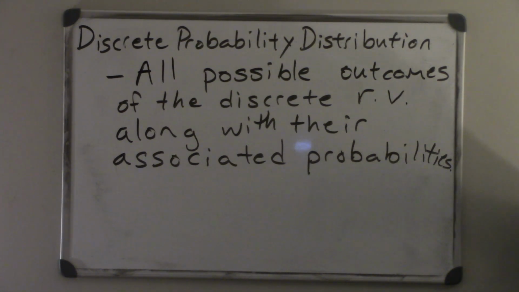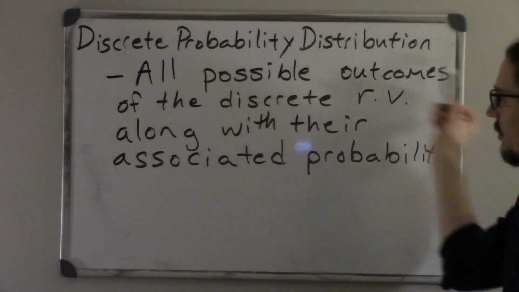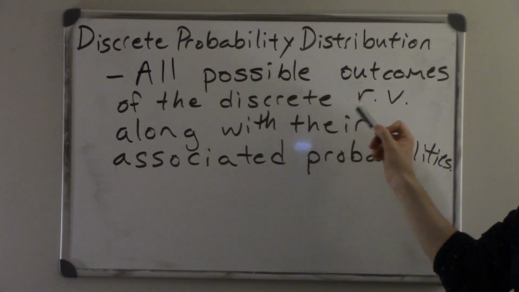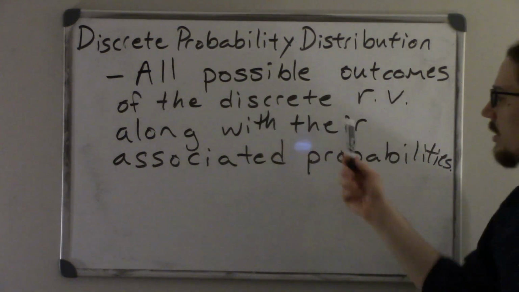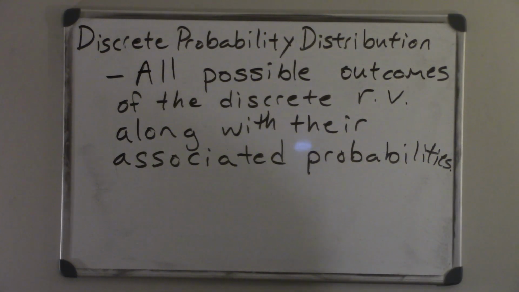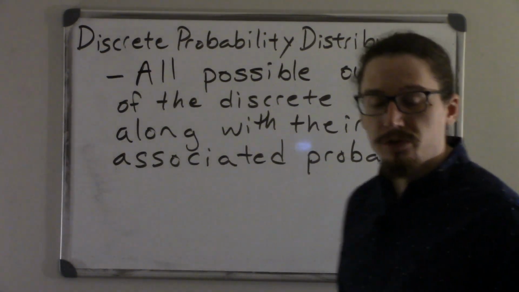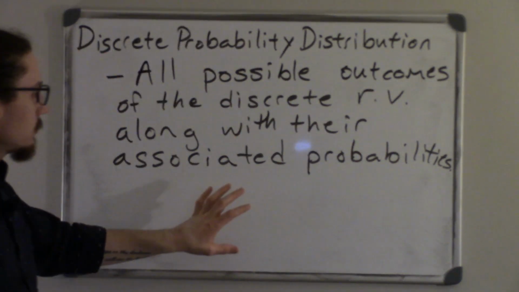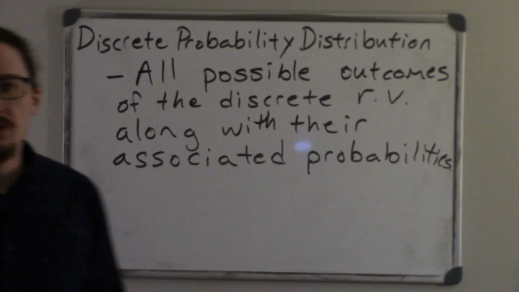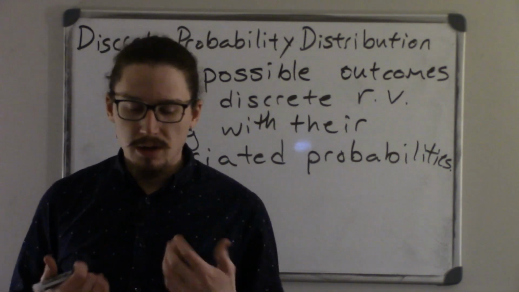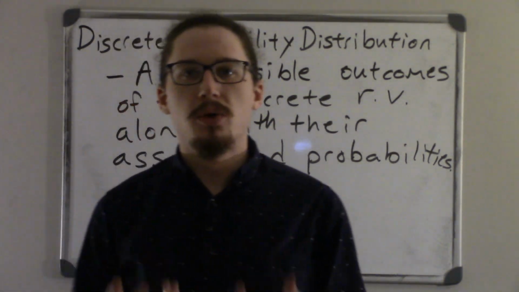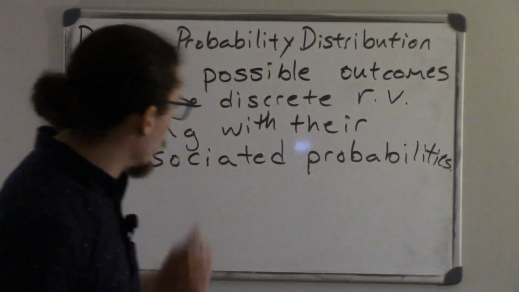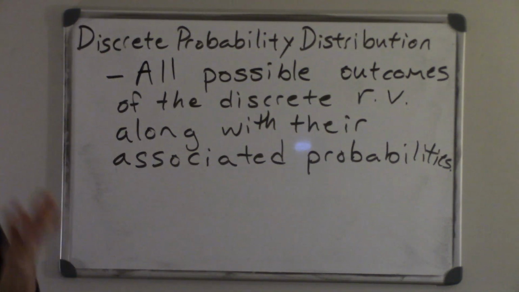We listed all of the possible outcomes for that discrete random variable, 1 through 4, and we listed their associated probabilities, which was 0.25 for all 4 of them. And so that's all we're trying to do. We're just trying to describe what's happening there, and we're doing so by listing outcomes and probabilities.